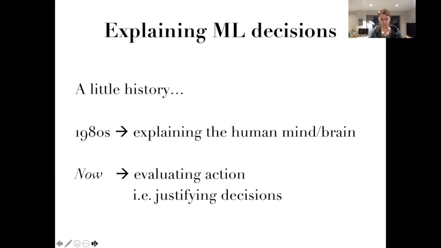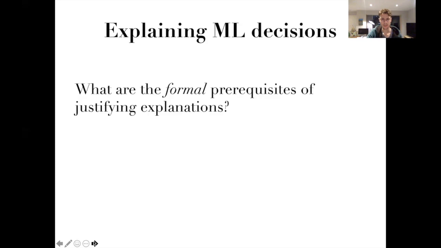The big question is, what are you interested in? How do you justify action? What sort of information do we want in these interpersonal contexts? So the question we're asking in somewhat more precise terms is, what are the formal prerequisites of justifying explanations?